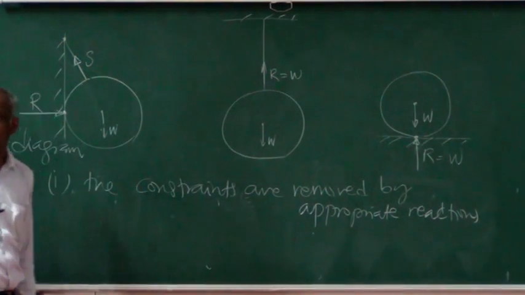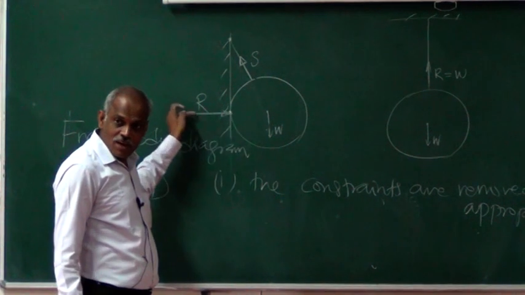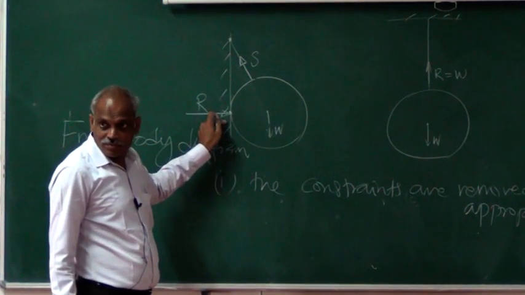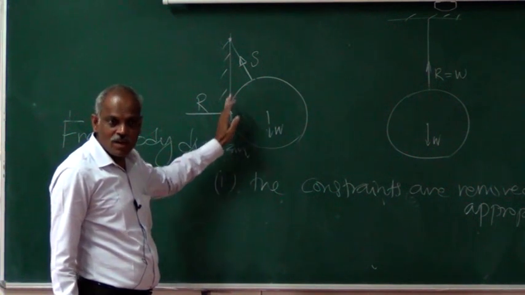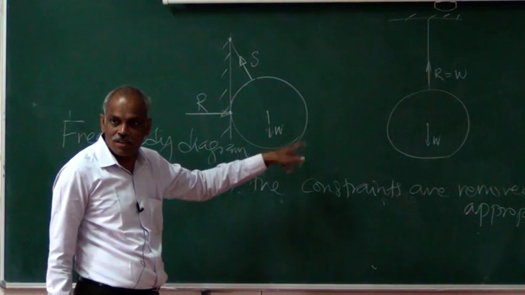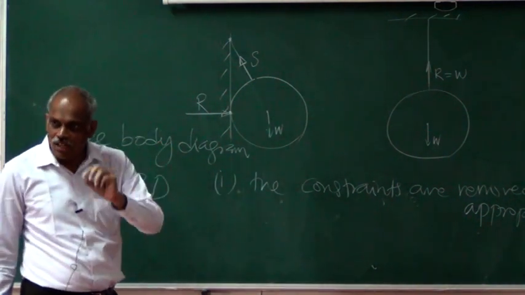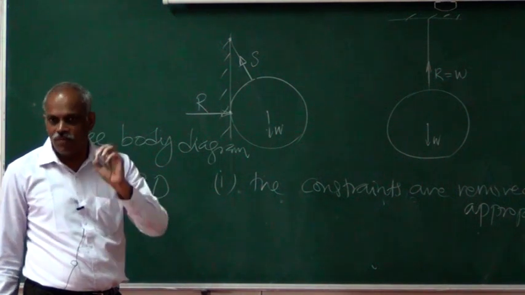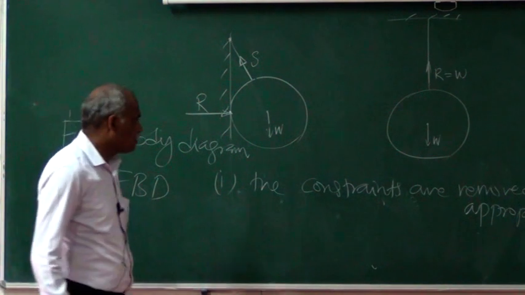Appropriate is important because if it is a frictionless wall, I will have a reaction normal to it. If there is friction, it has to be at an inclined angle. I have to carefully think about the nature of the constraint, find out the appropriate reaction, and then put it.